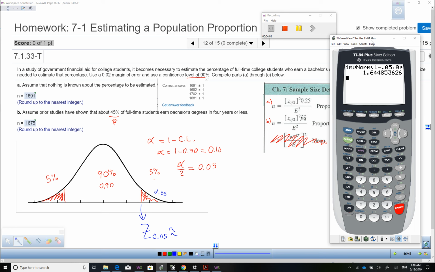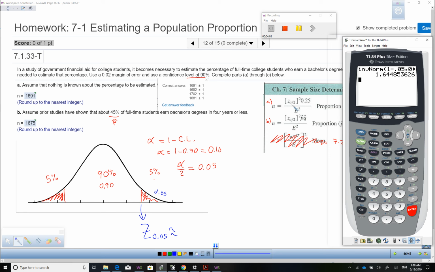So if I follow that formula right here, it says you need to raise that critical value to the second power. We can just press x squared. By doing this, I'm going to raise this value to the second power, then multiply by 0.25, and divide all this by the margin of error, which is in this case right here.